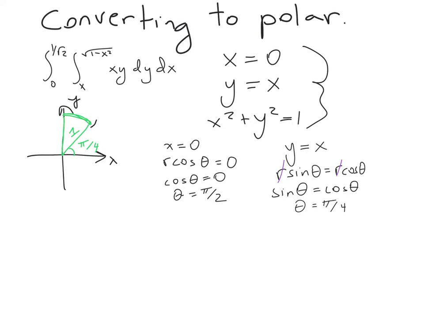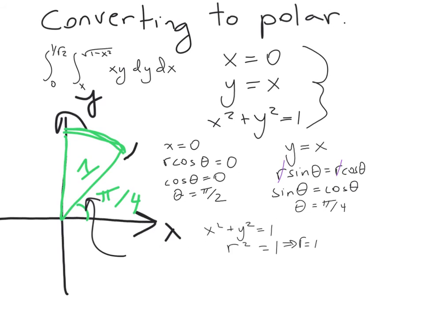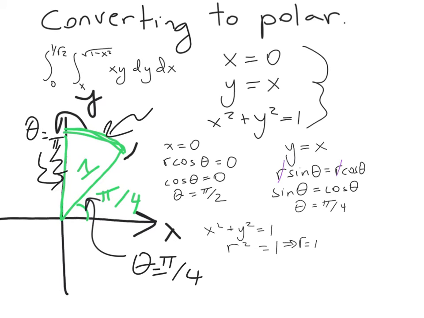Our final equation giving a boundary is x squared plus y squared equals 1. But x squared plus y squared is r squared in polar coordinates. So this is r squared equals 1, which implies r equals 1. So we have equations theta equals pi over 4, theta equals pi over 2, and r equals 1, defining the boundaries of our region.